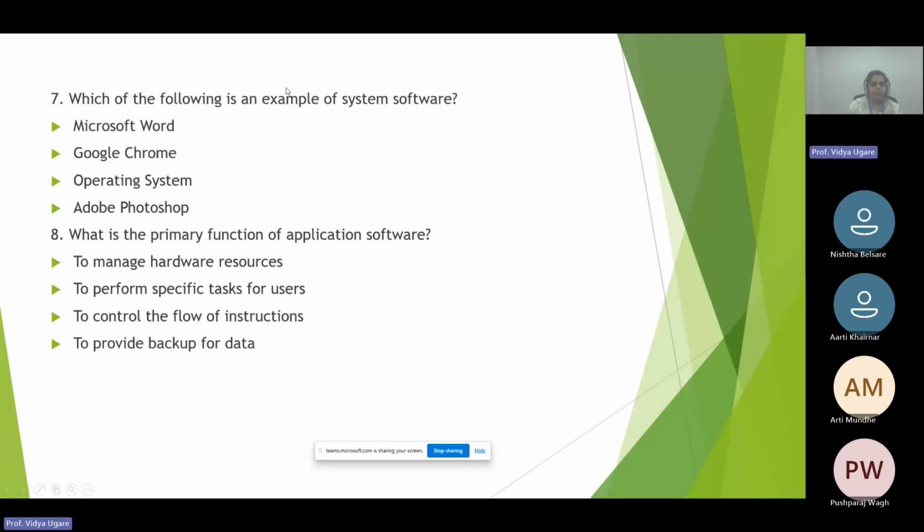Which of the following is an example of system software here? It's the operating system. Why?